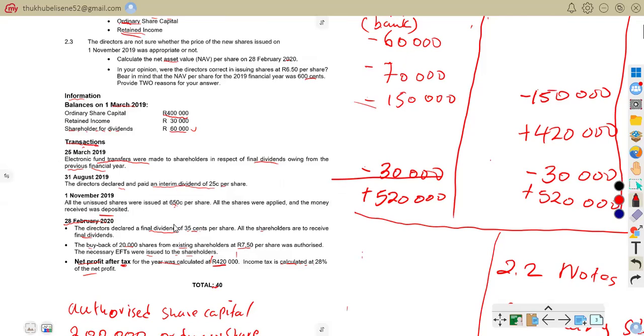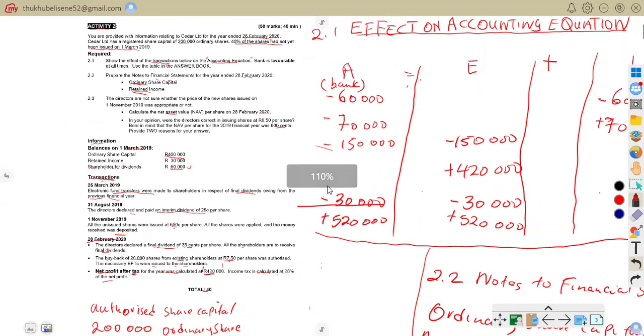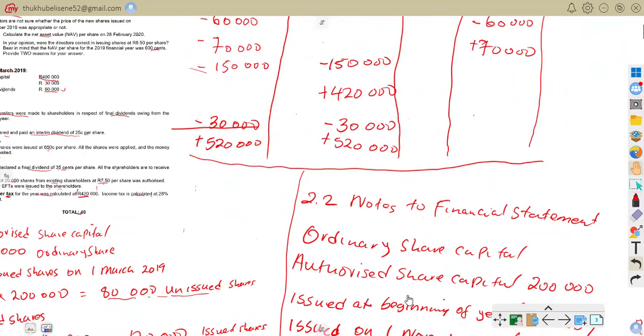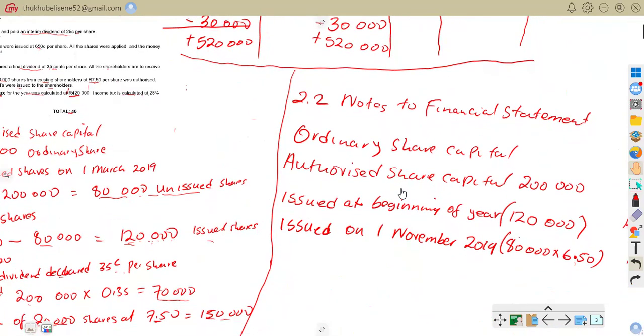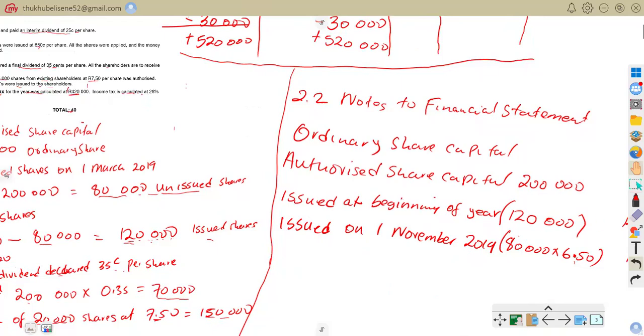Now we come to the buyback of shares. As it says, the buyback of 20,000 shares from existing shares at 750 per share was authorized. So now we write the buyback of shares.